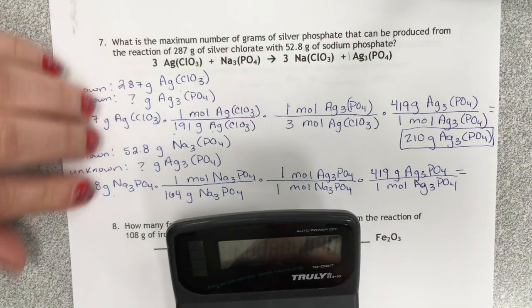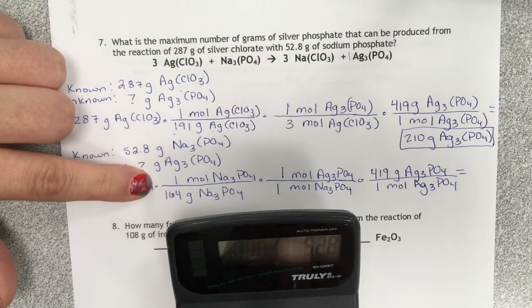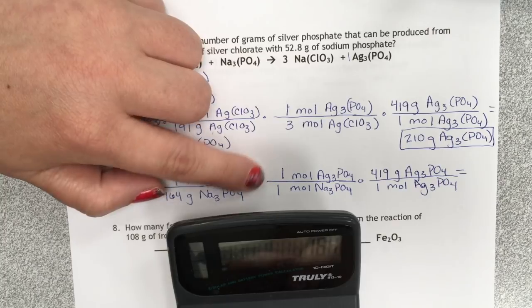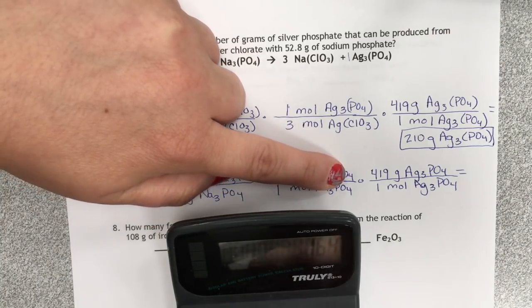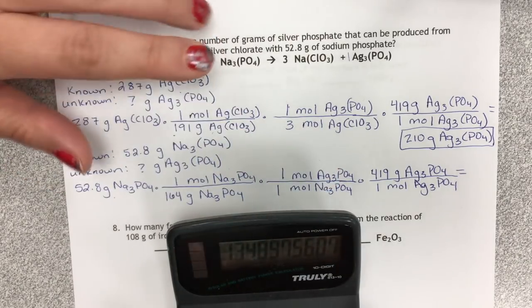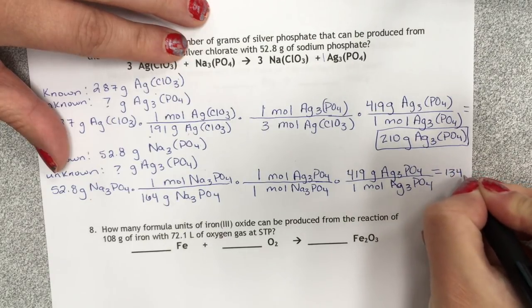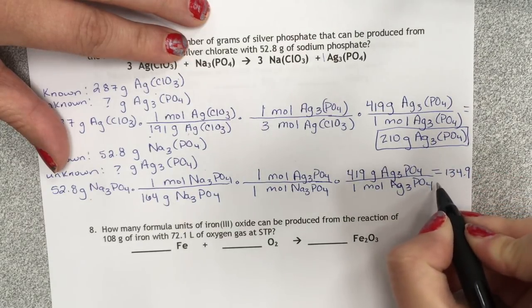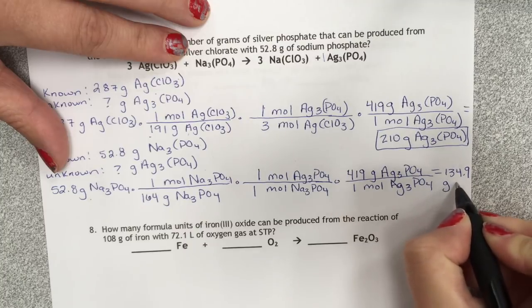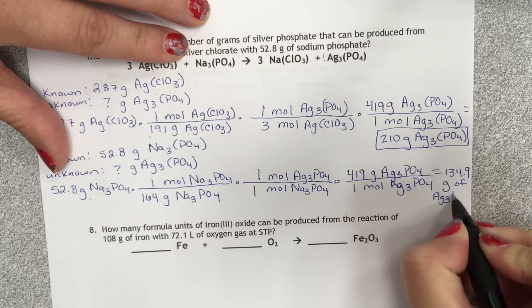Okay. 52.8 divided by 164. We're going to ignore the ones. Times 419. 134 point, we'll just say 134.9. So 134.9. And that's grams of that silver phosphate.